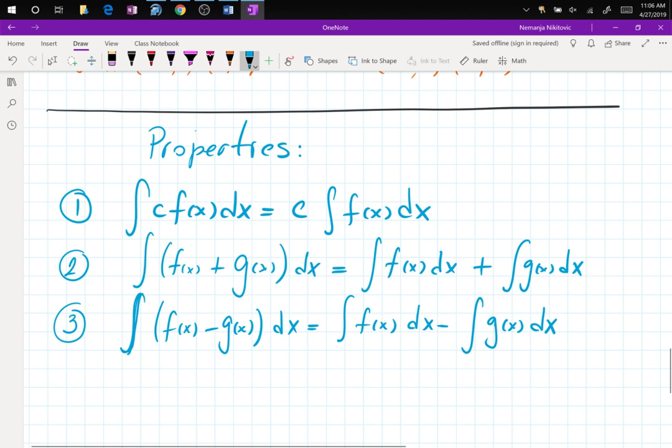In Calc 1, we only have 5 sections of integration, guys. That's all we have in Calc 1. And then you are going to have 4 chapters, well, 2 actual full chapters of integration in Calc 2. About 60-65% of your Calculus 2 is straight up integration.